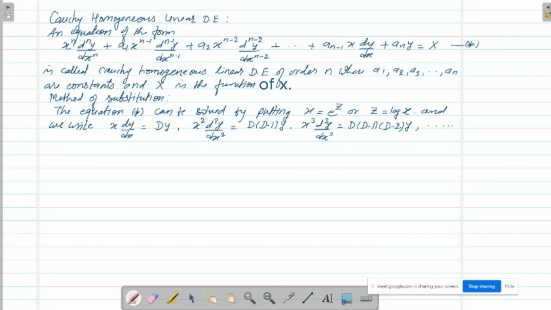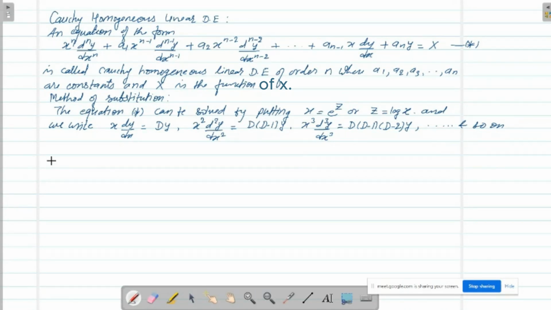If there is a next order term, that is x raised to 4 into d raised to 4 y by dx raised to 4, then what happens here? The next step, D(D minus 1)(D minus 2)(D minus 3)y. Okay, and similarly this step can be repeated again and again. If there is a higher order, then this step is repeated like that.